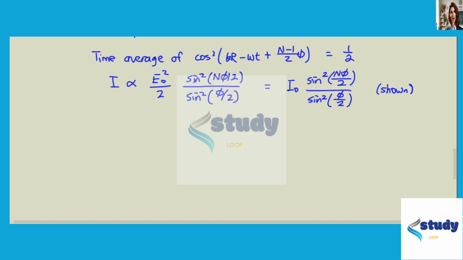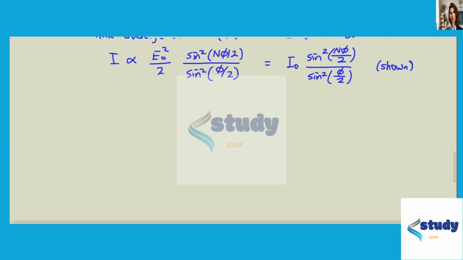And then in part E, we want to put big N equals 2 and see what we get, and compare that with the formula we obtained in the double slit interference. So when N equals 2, our intensity is equal to I naught sine square phi divided by sine square phi divided by 2.